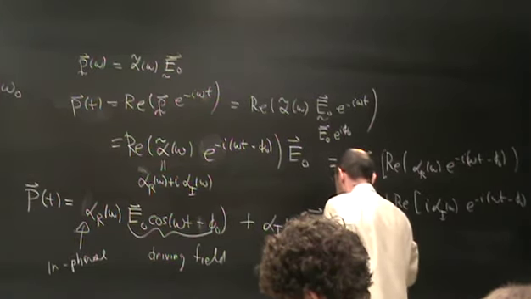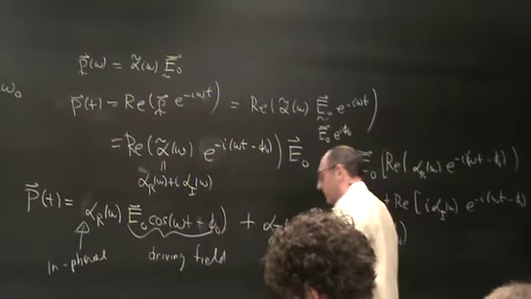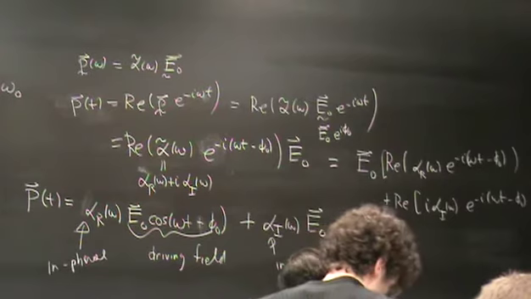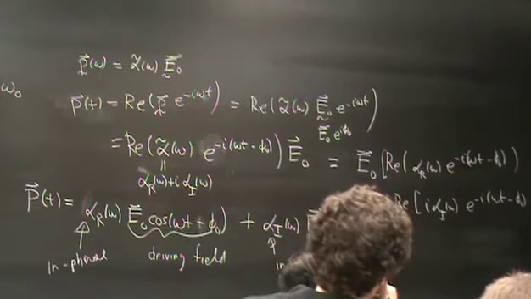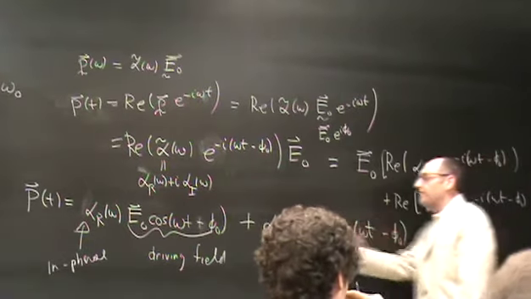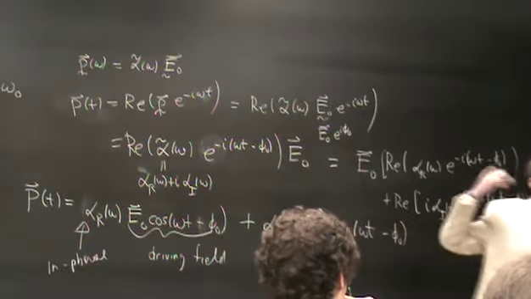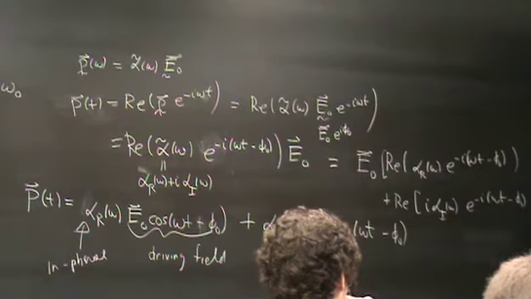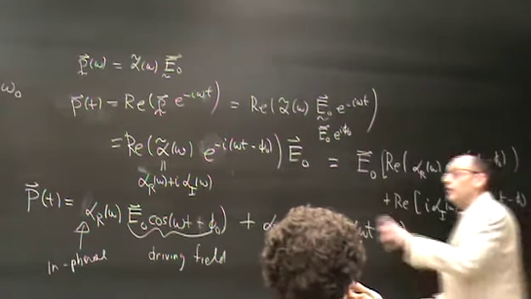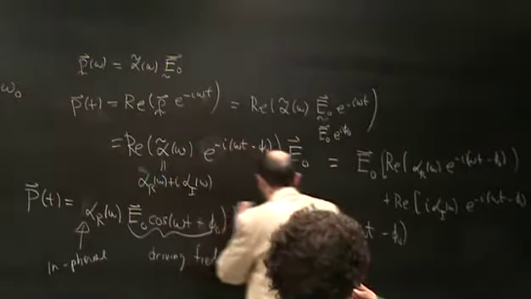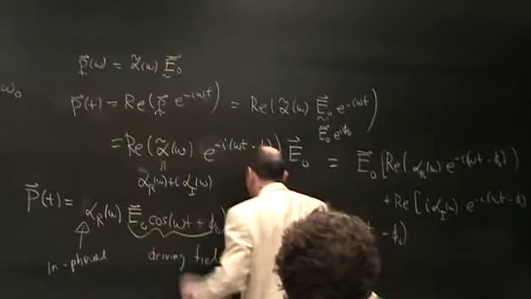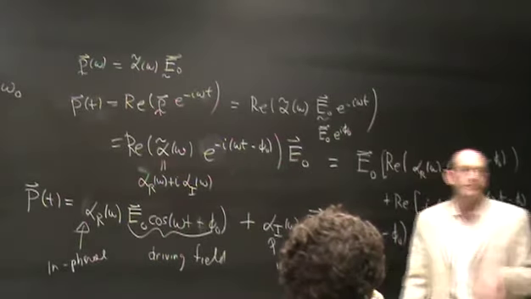As we discussed, any function which is oscillating with a certain frequency has a certain amount which is cosine and a certain amount of sine. That's the most general way you can write a function which oscillates with frequency omega. So the real and imaginary parts of the response function tell me how much of that response is in phase and how much is in quadrature.